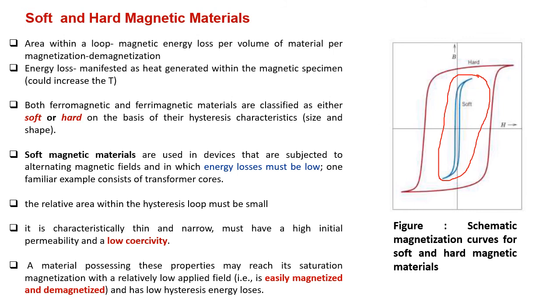A material possessing these properties may reach its saturation magnetization with relatively low applied field, is easily magnetized and demagnetized, and has low hysteresis energy loss. So this kind of hysteresis loop will easily magnetize and demagnetize.